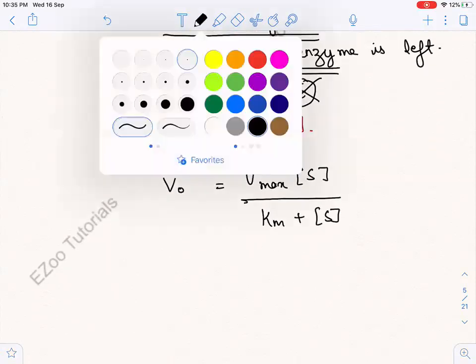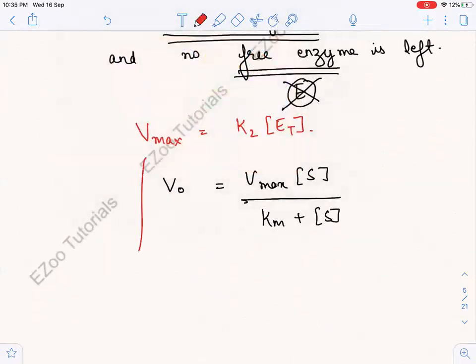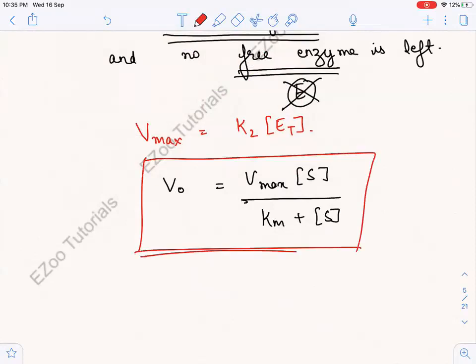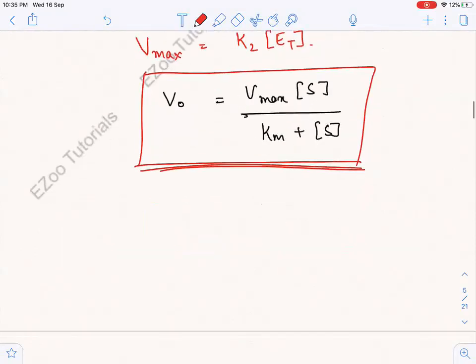And this is our Michaelis-Menten equation, right? So we got it, we derived it. It's not a very difficult thing to derive. It's actually very interesting, right?